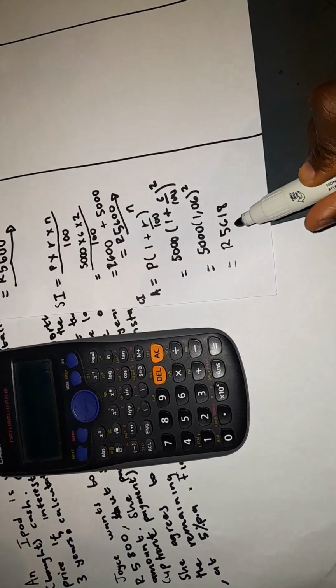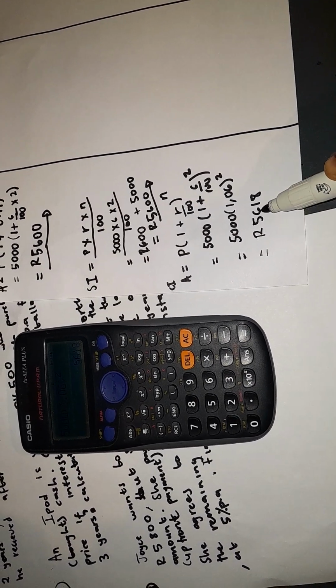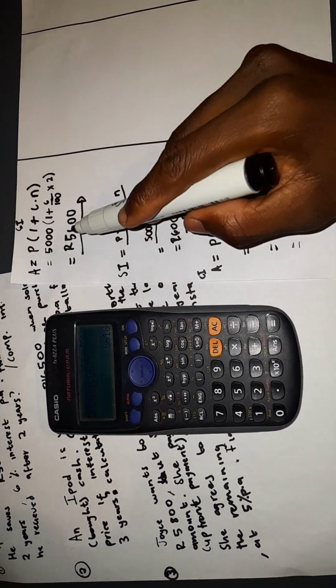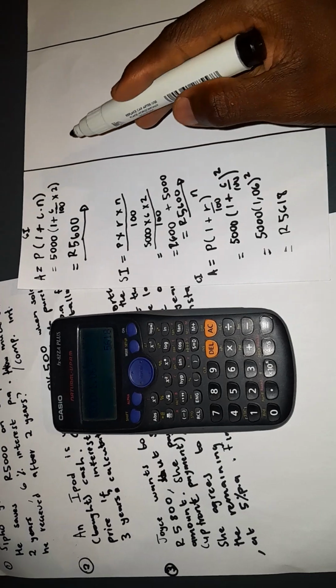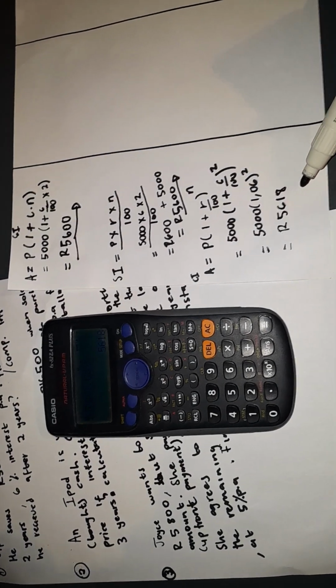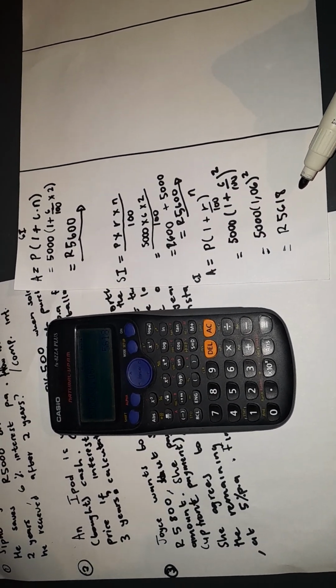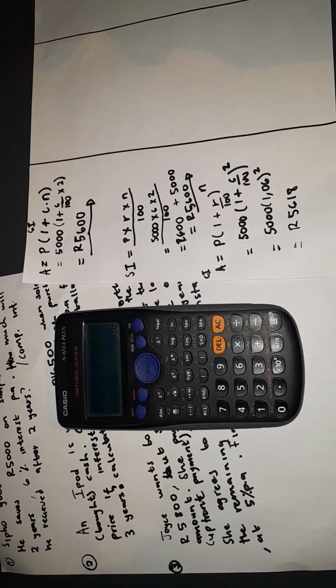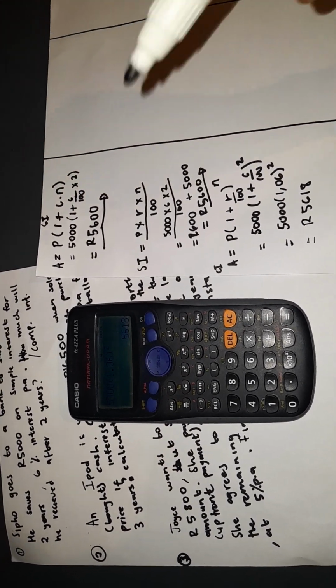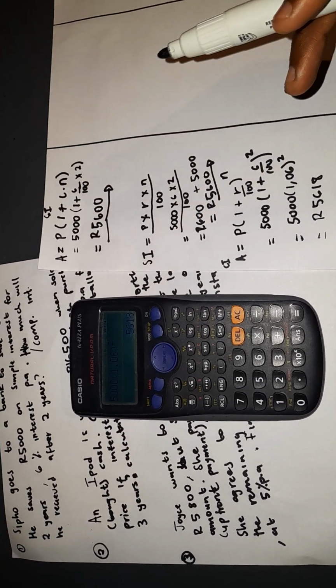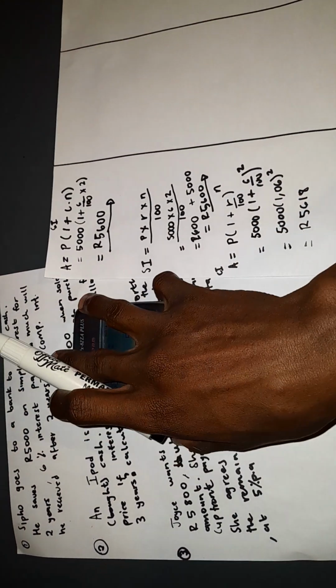You can see it's 5,618, and here it's 5,600. So the compound interest is better because it gives more money, so definitely go for this one. So yeah, let's go to the next question.